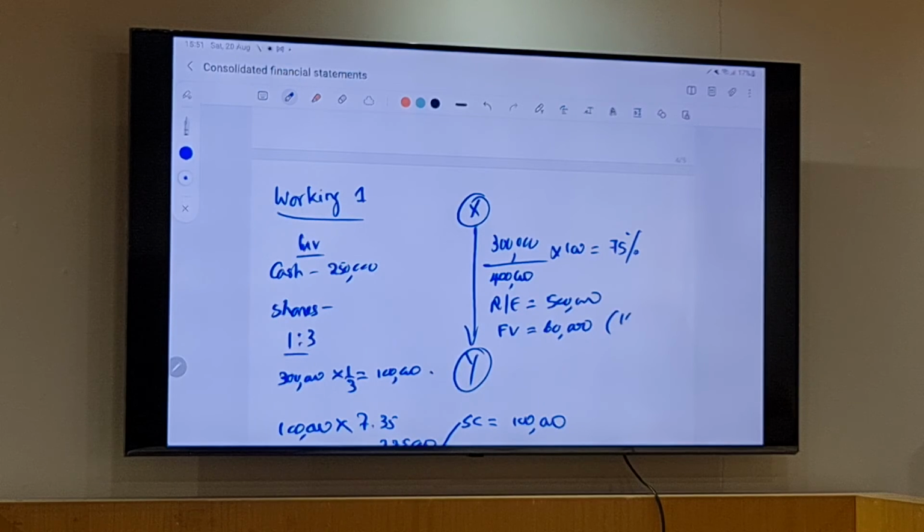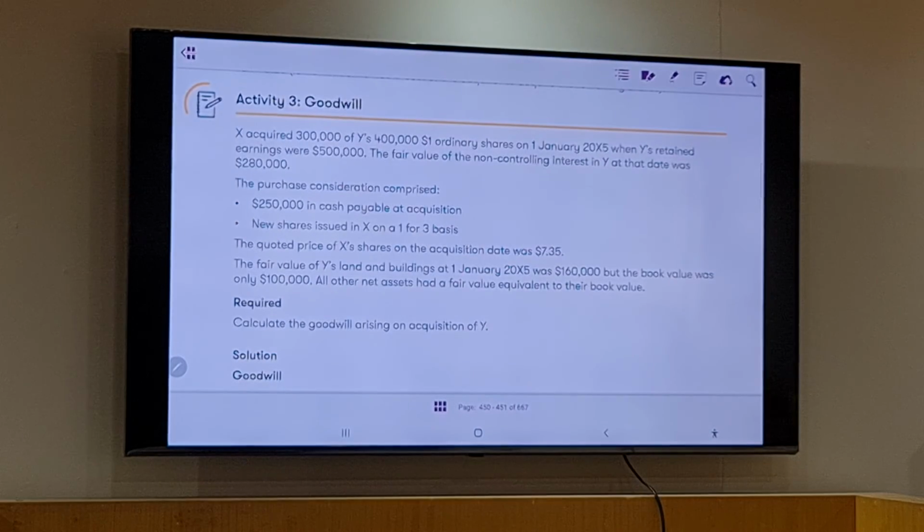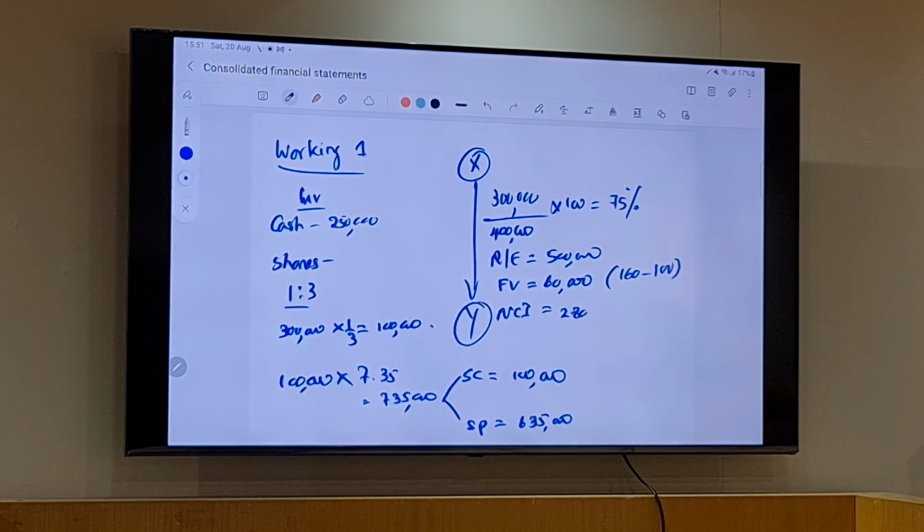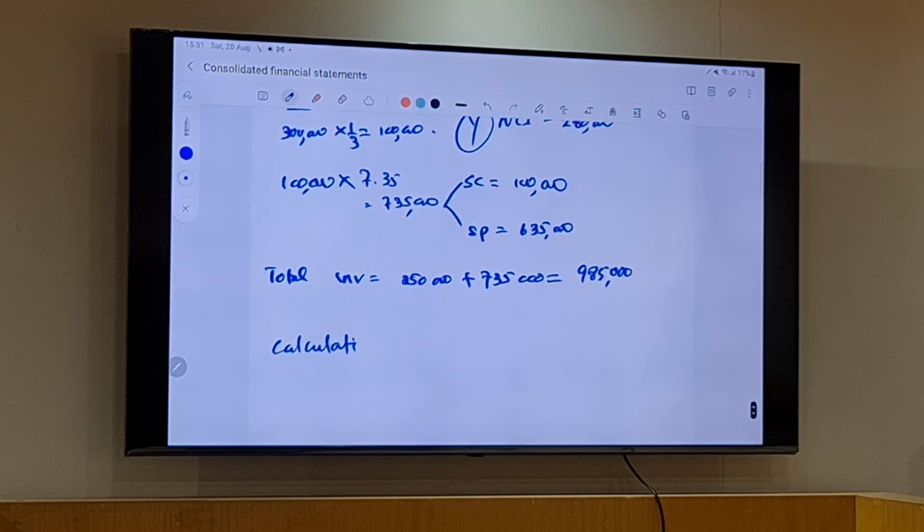This is 160 minus 100. NCI, how much is NCI? 280. From where 160 minus 100? I'll show you.